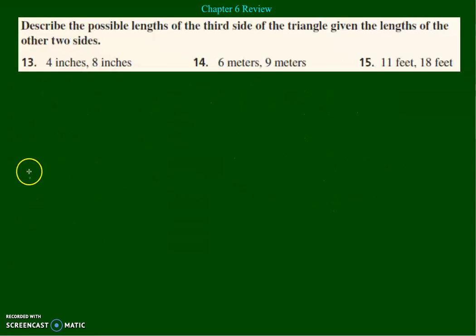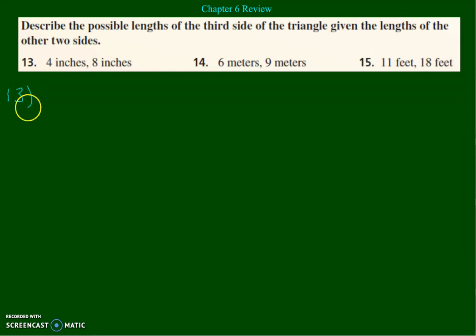Problem 13 says, describe the possible lengths of the third side of the triangle given the lengths of the other two sides. Now these problems are going to require us to employ the triangle inequality theorem, which says that the sum of the lengths of any two sides of a triangle must be greater than the third side. So let's go ahead and work through 13.